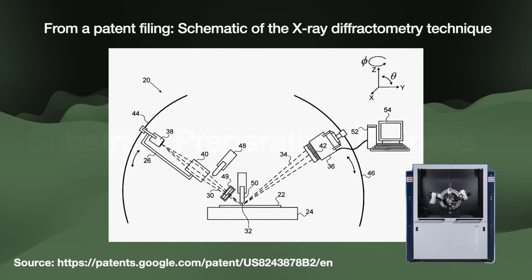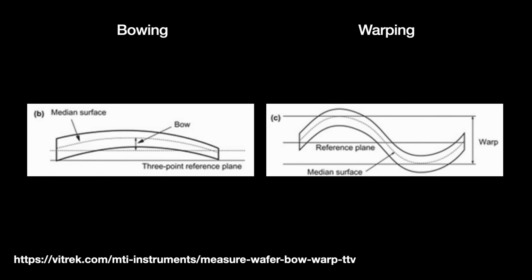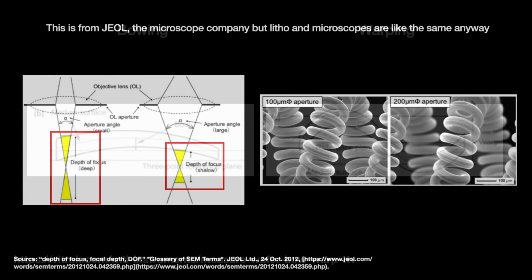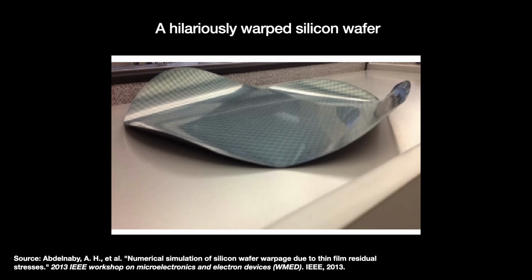Third, we want to check the substrate surface for bending or any non-flatness. Such bowing, or warping as it is called, can affect lithography performance later in the process. How? Because advanced lithography machines have extremely tight depths of focus, or DOF. It is the range where the image of the photomask's pattern remains in focus, so the whole substrate must stay within DOF limits. Bowing and warping affects that, obviously.